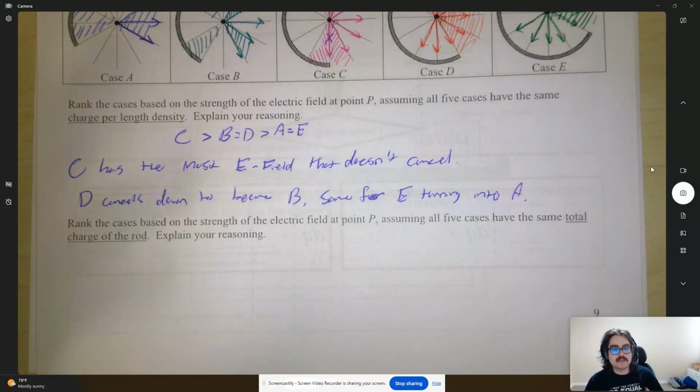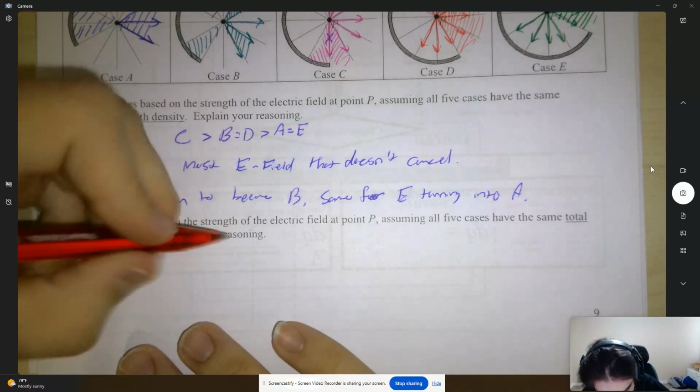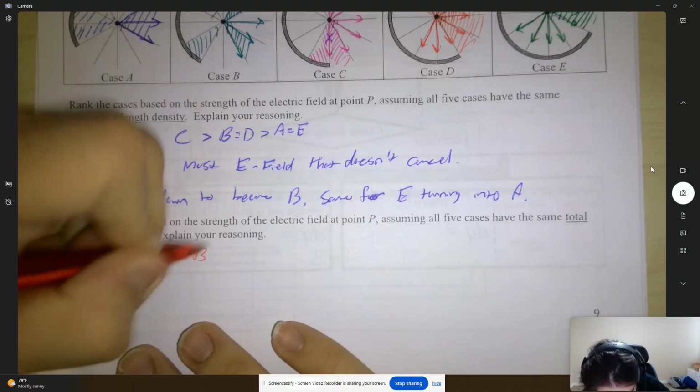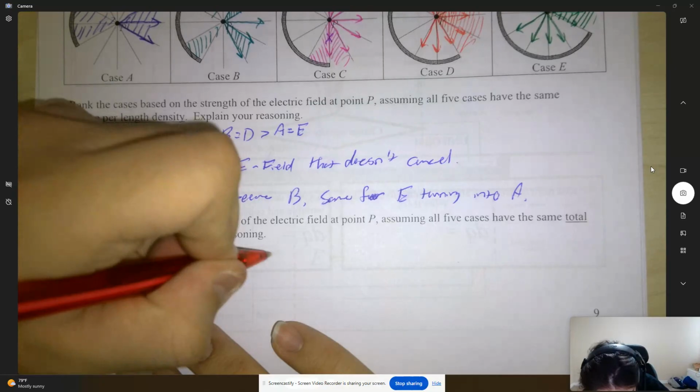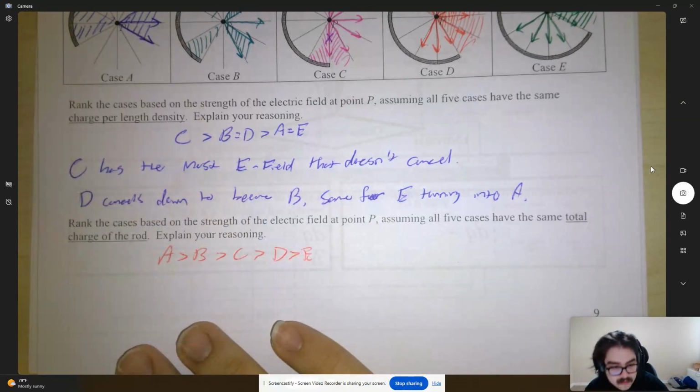Meanwhile, in E, the charges have a lot more space to spread out and fan out. So as the arc gets longer, the electric field gets weaker, because more of those charges can spread out to places where they end up getting canceled out. So we go from A, which is greater than B, which is greater than C, which is greater than D, which is greater than E.